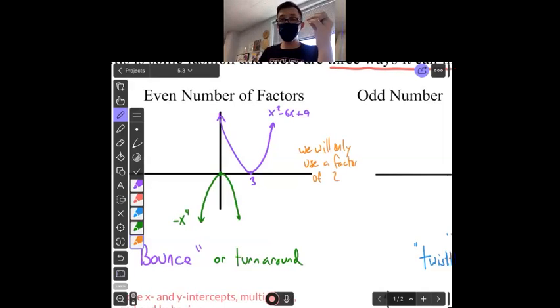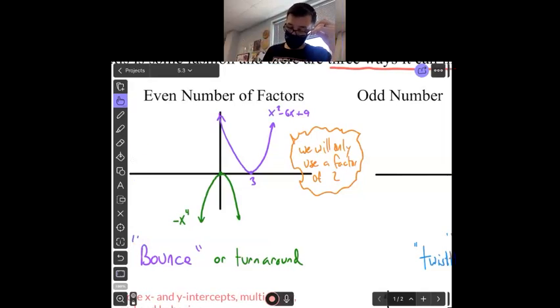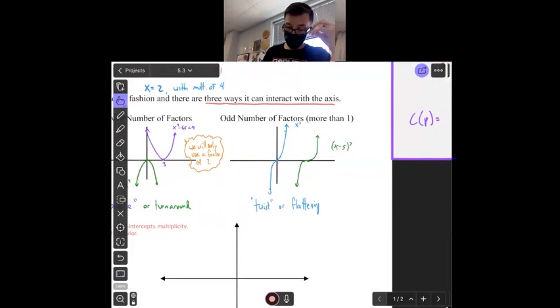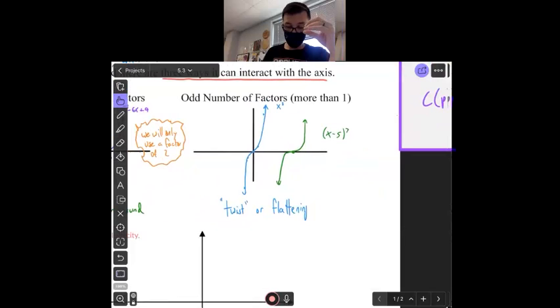It's really hard to tell the difference between a 2 and a 4 and a 6 and an 8. We will only use, anytime you see a graph bounce, it's going to represent a double root. We won't get any higher than that. So any even number will be a 2, and in the same way, any odd number bigger than 1 will be 3.